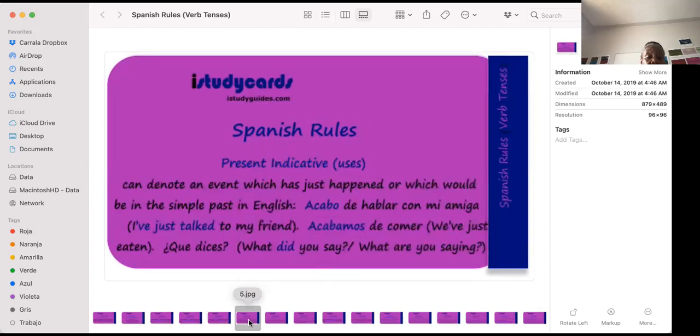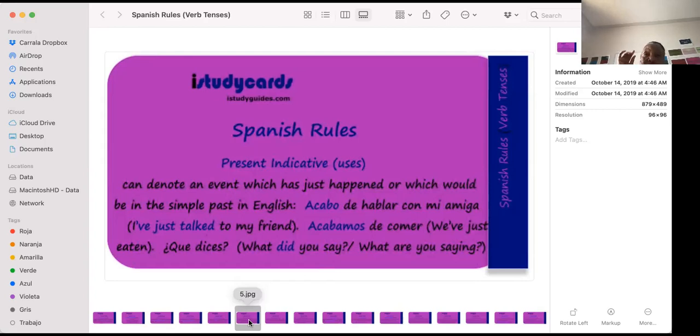Okay, it can denote an event which has just happened, and has just happened is the present perfect in English, or which would be in the simple past in English.